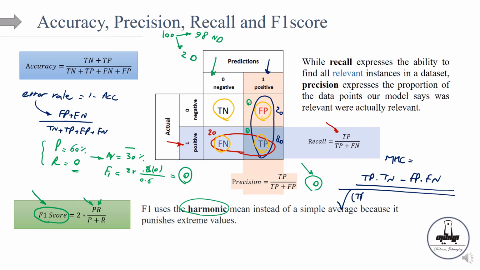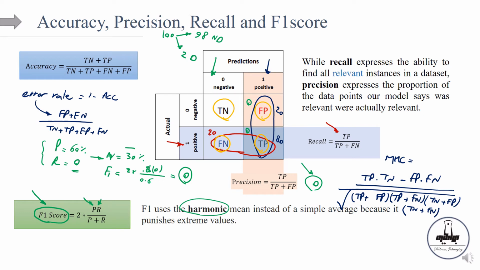So we have true positive plus false positive, multiplied by true positive plus false negative, multiplied by true negative plus false positive, and finally multiplied by true negative plus false negative. And as you can see in the denominator, we have something as straightforward as this, right?